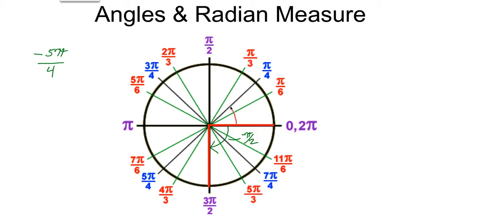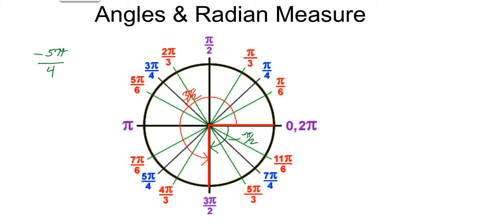So it's going to go all the way around like this, and that would be my coterminal angle. So coterminal to a negative pi over 2 is going to be a positive 3 pi over 2. And again, if I did 3 pi over 2 plus a positive pi over 2 together, those should equal 2 pi. So that's how we're going to find angles in standard position as well as coterminal angles.